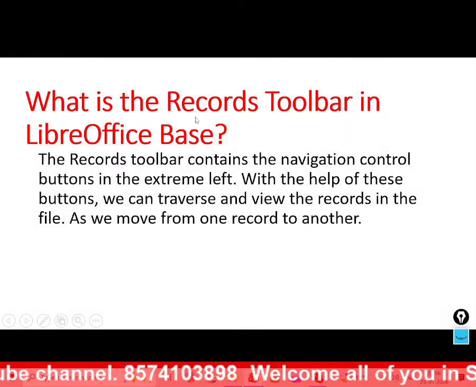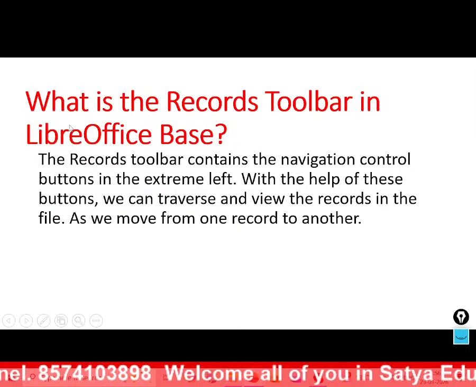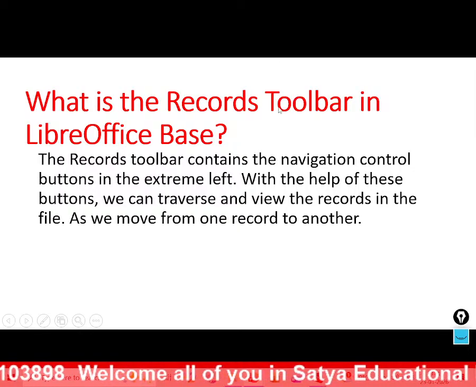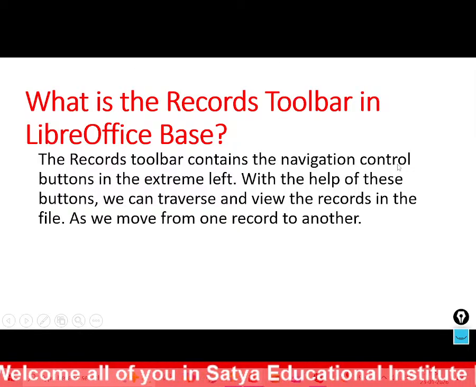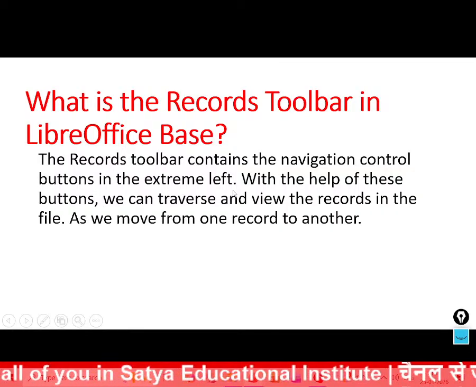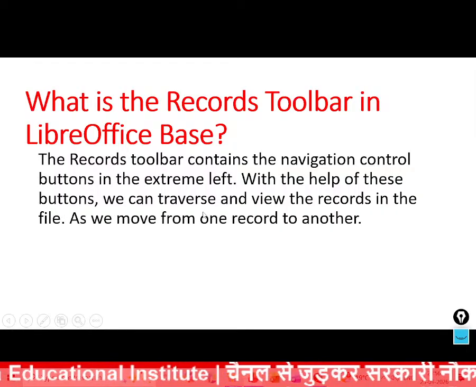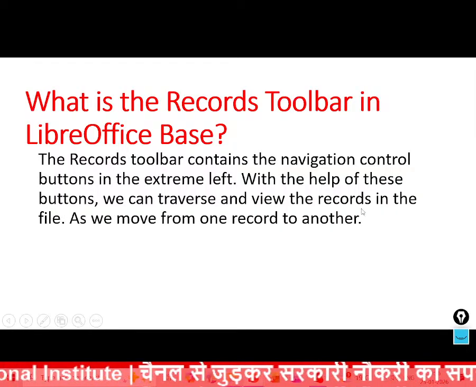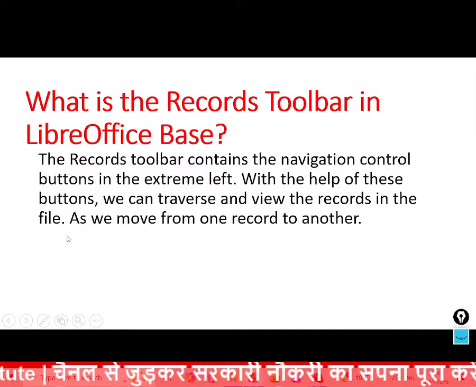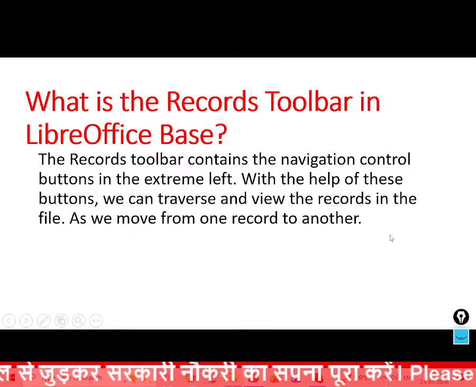Next question is: what is the record toolbar in LibreOffice Base? The record toolbar contains the navigation control buttons at the extreme left. With the help of these buttons, we can traverse and view the records in the file as we move from one record to another.